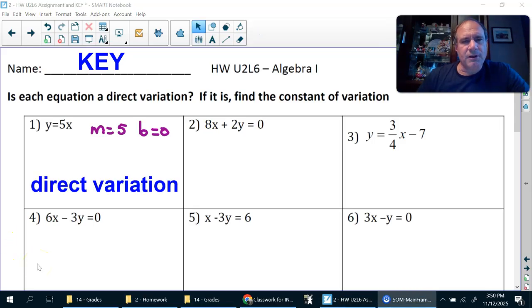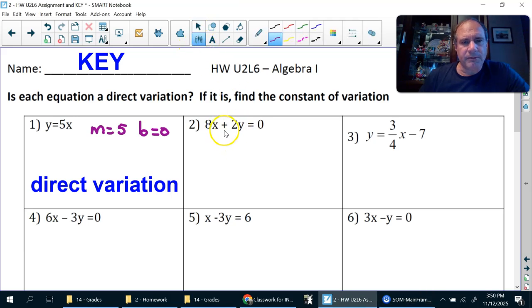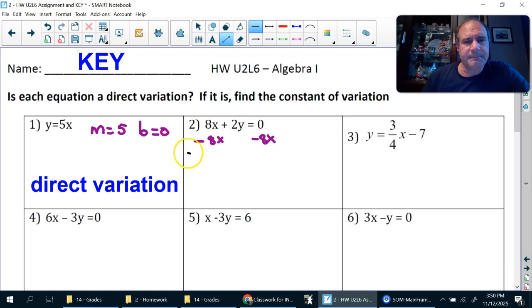For the next one, we are going to solve for the y. And I know for a fact that this is 8x plus 2y equals 0. This looks like a direct variation to me. So I'm going to just go ahead and go through solving for the constant of variation.